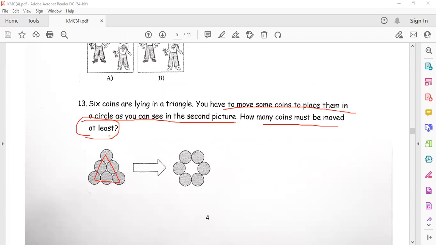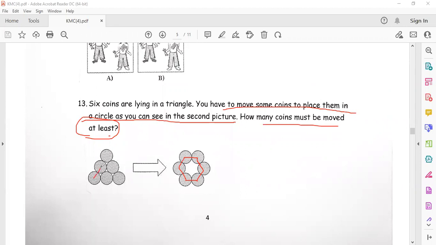What is the minimum number of moves that you can make with the coins? So when you want to do a question like this, compare. Compare which is the same. If you look very, very carefully, look at your result. Although it's a circle, within the circle, if I join the centers of each and every circle, I'm going to get this shape like a pentagon, right? See whether I can find a similar shape over here.